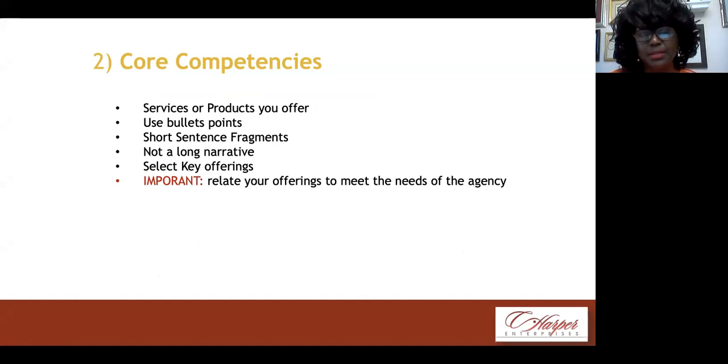Short sentence fragments. It's real important that you have short sentences and fragments. They're not trying to read full detail, not a long narrative. Select the key offerings, and very important, relate your offerings to meet the needs of the agency. Very, very, very important to meet the needs of the agency.